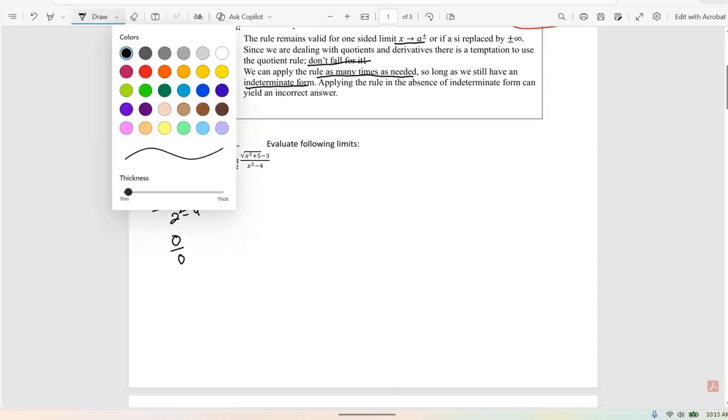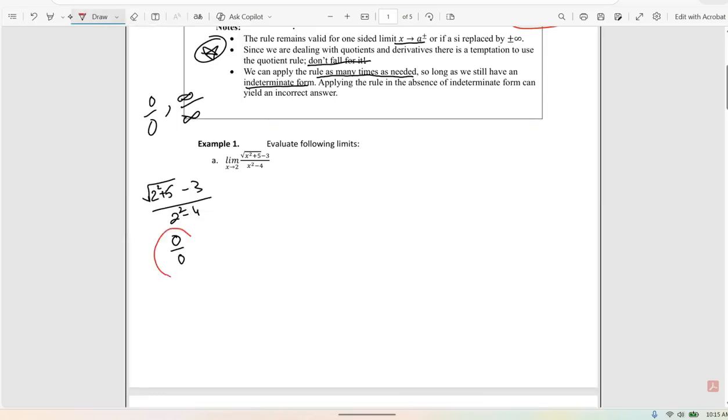So this is an example of 0 by 0 form, an indeterminate form. Which form is this one? 0 by 0 form. So we can apply L'Hopital's rule to this.